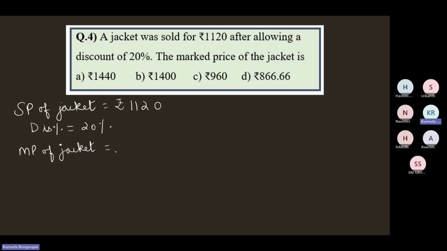So whenever we have to find the marked price, we put 100 in the numerator. 100 by 100 minus D% into SP of the jacket.